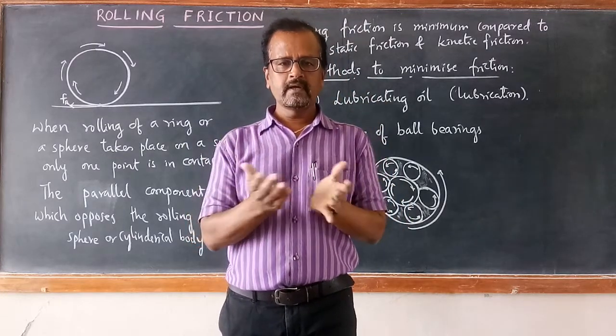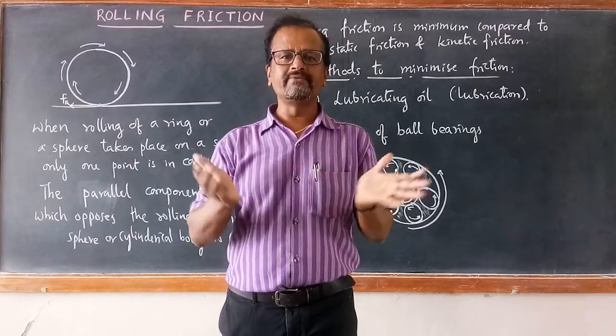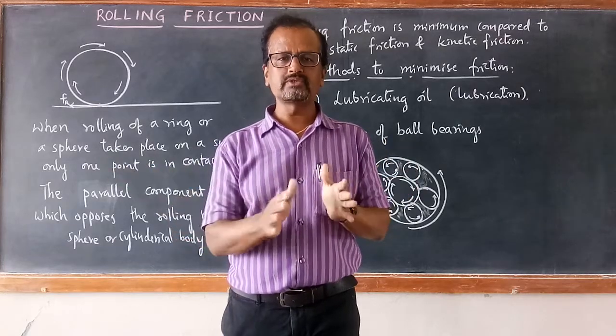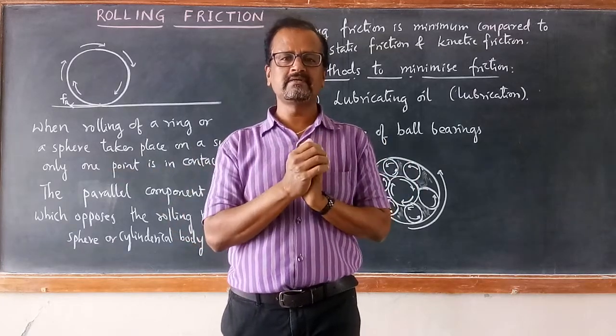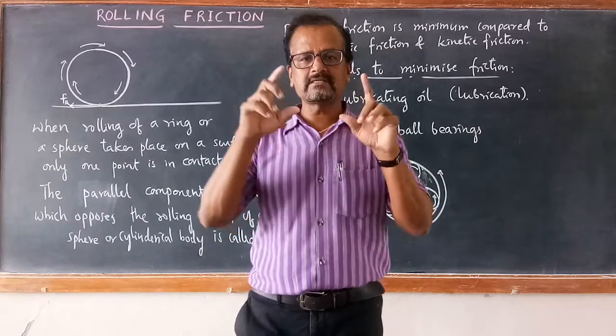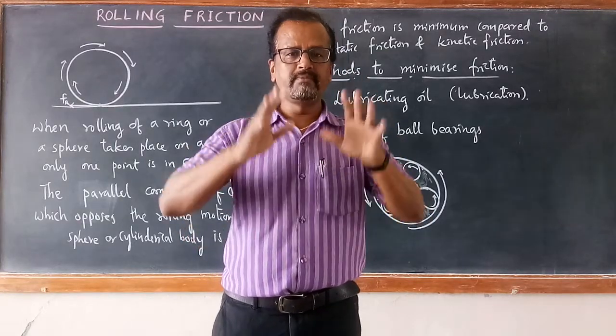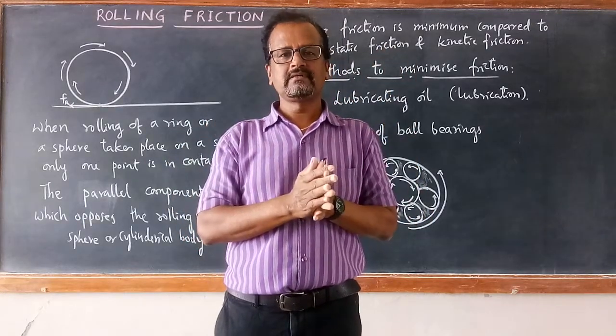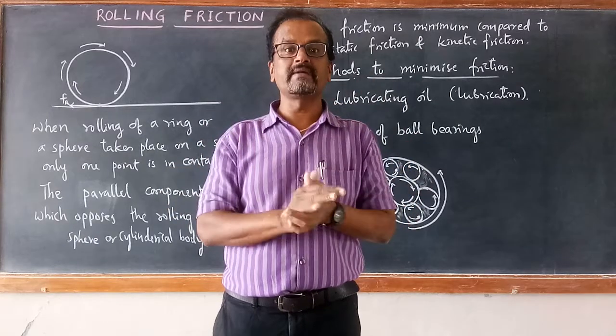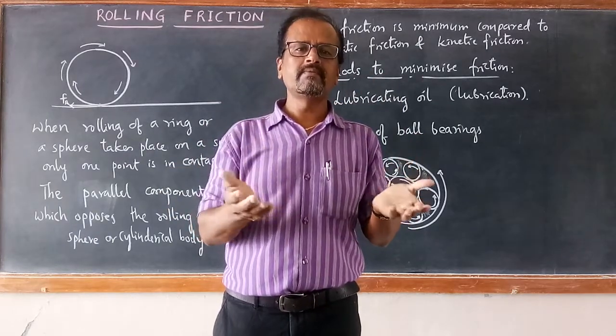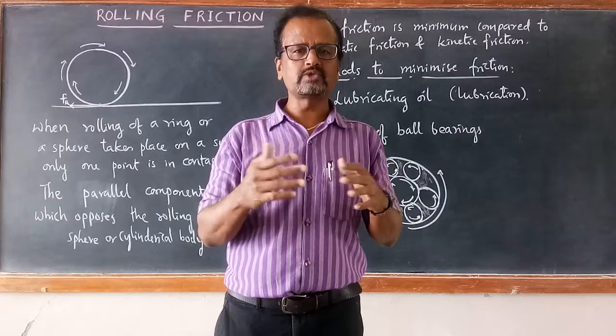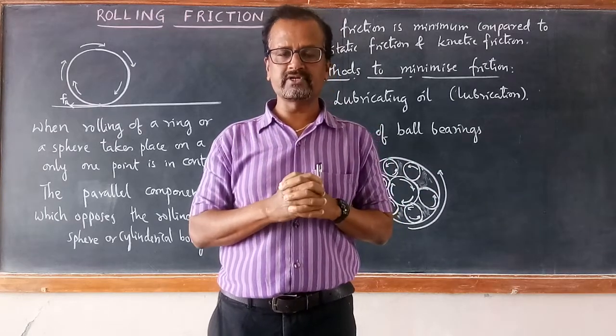So some amount of kinetic friction is required between the road surface and the tire surface. For that purpose, the tire surfaces, if you observe, have proper grips. Tire surfaces have proper grips to enable the vehicles to have proper kinetic friction.